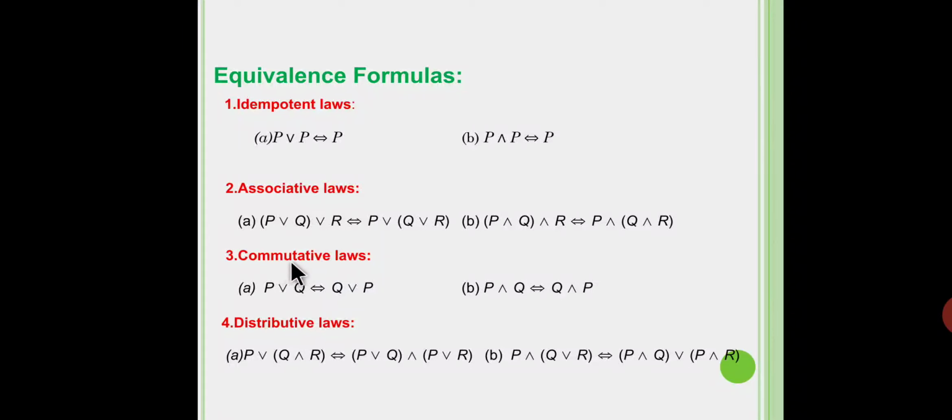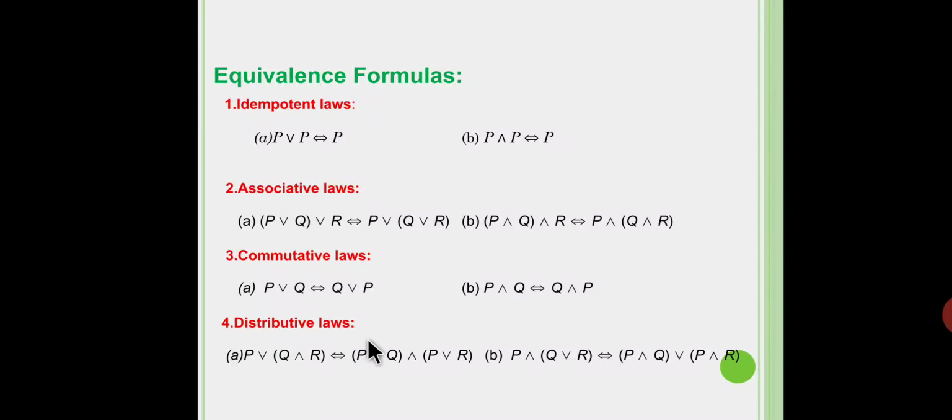Third one, the commutative law. P or Q is equivalent to Q or P, so it doesn't matter here which one is calculated first. Another one, P and Q is equivalent to Q and P.